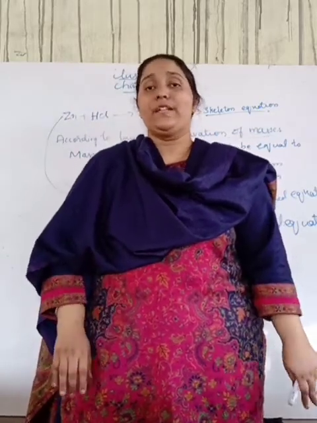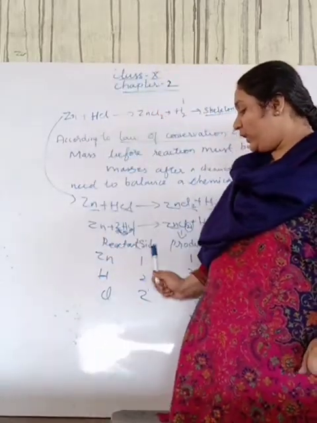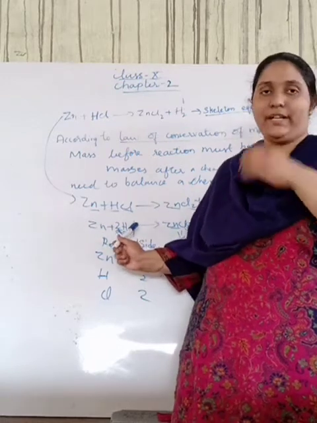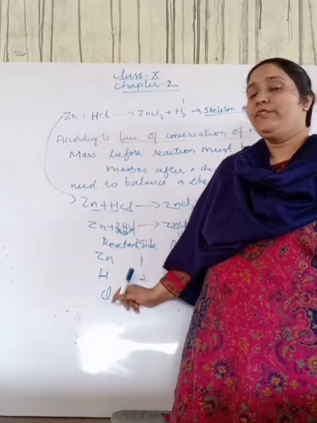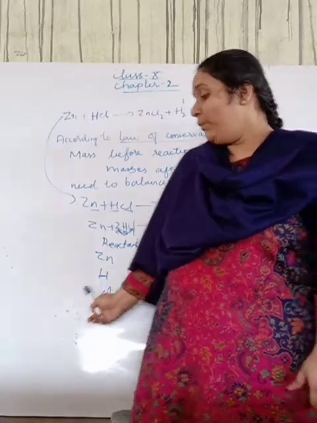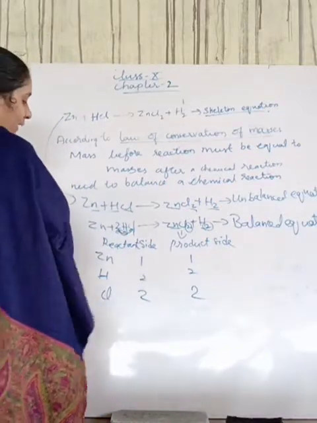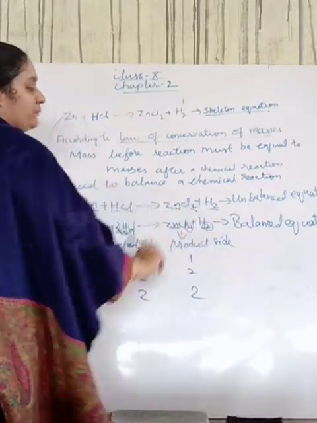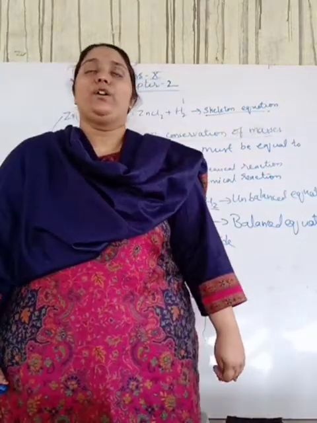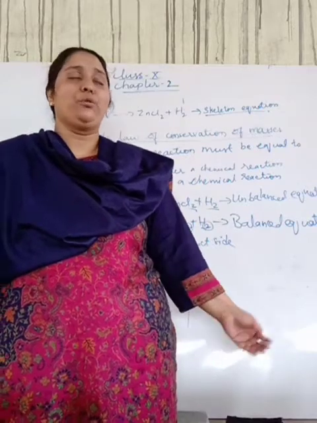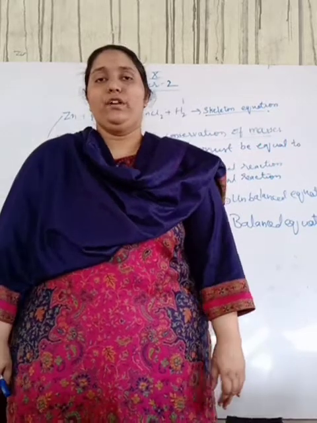For that reason, we are making the atoms on the left hand side and right hand side equal. If we make the number of atoms equal, then this sort of reaction is nothing but a balanced equation. So for a skeleton equation, according to the law of conservation of mass, we need to make it a balanced equation. Got it, students?